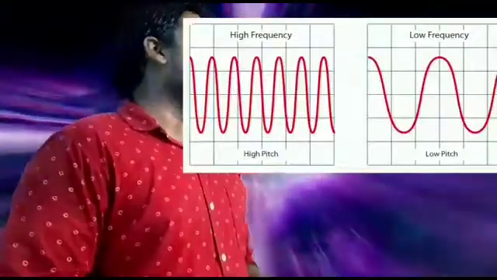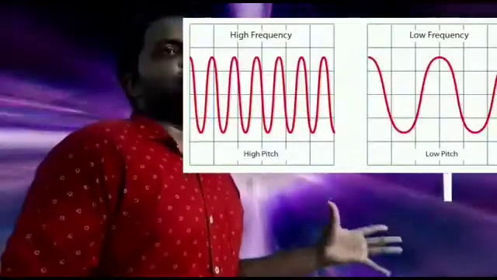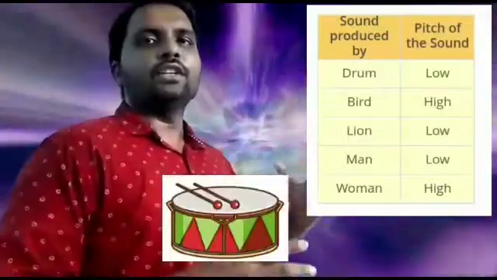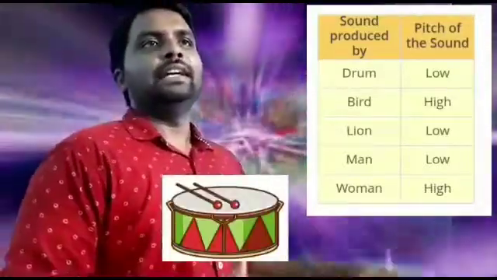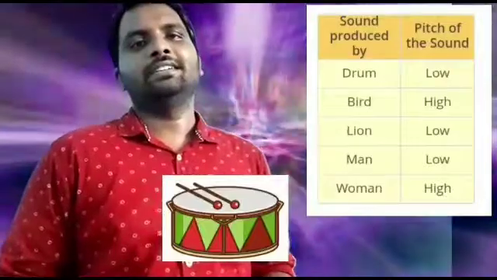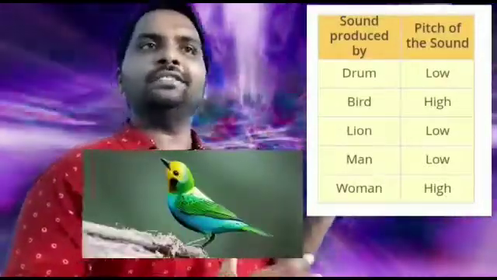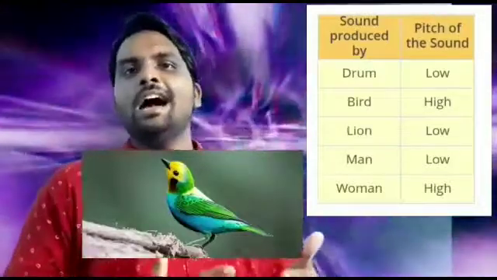Here are some examples of pitch of sound. Sound produced by a drum has a low pitch. The next one is a bird; the sound of a bird has a high pitch.